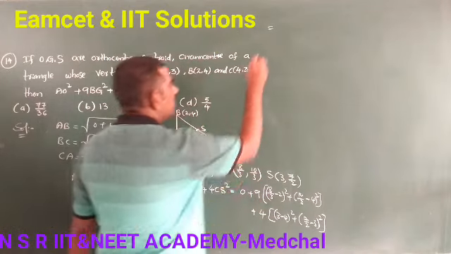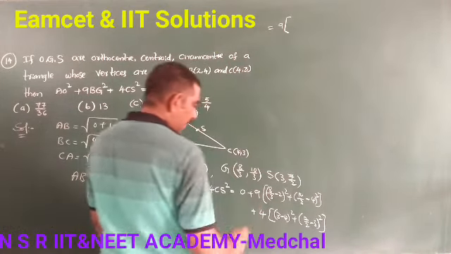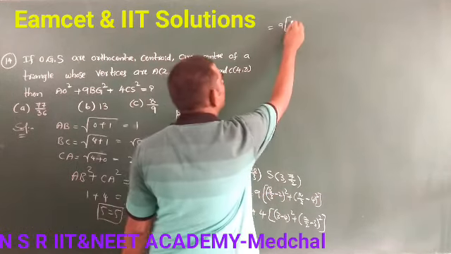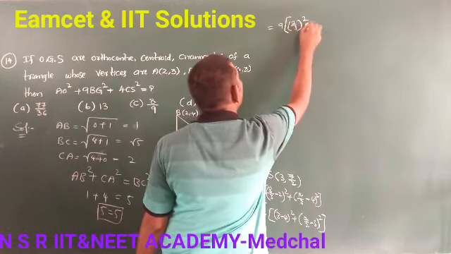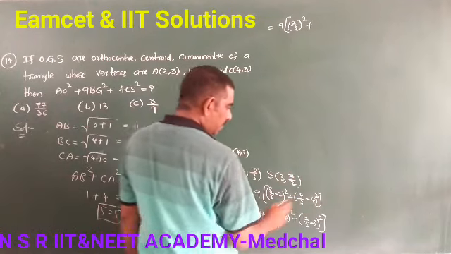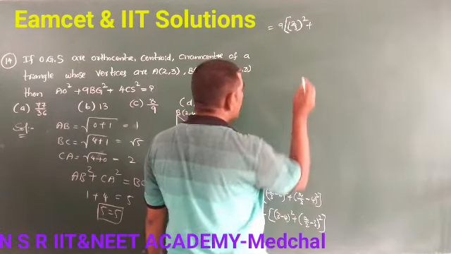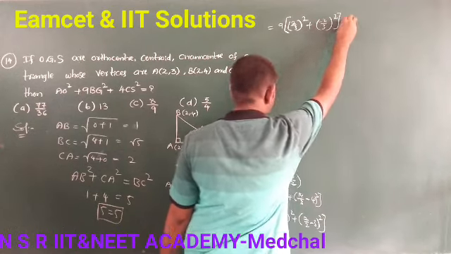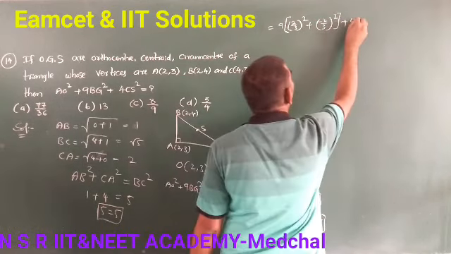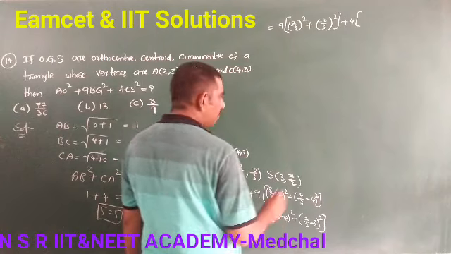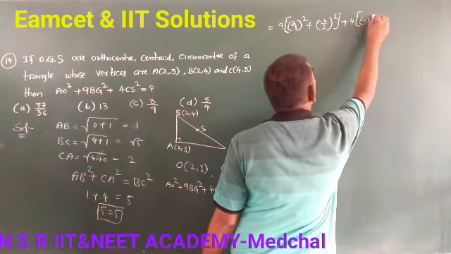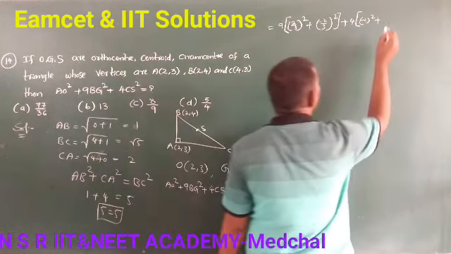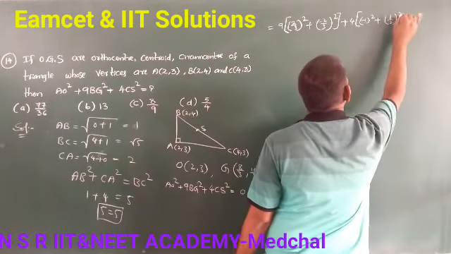First one is 0. Next, 9 into (8 by 3 minus 2): 3 times 2 is 6, 8 minus 6 is 2, so 2 by 3 whole square, plus 3 times 4 is 12, 10 minus 12 is minus 2, so minus 2 by 3 whole square, plus 4 into (3 minus 4 is minus 1) square, plus 2 times 3 is 6, 7 minus 6 is 1, so 1 by 2 whole square.